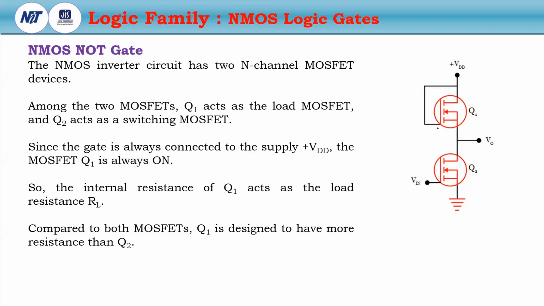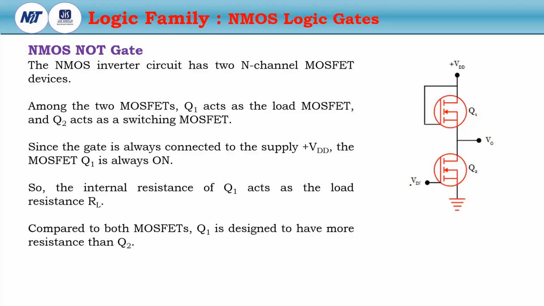The answer is the gate and the drain of Q1 are connected together to VDD. So logic 1 is connected to the gate, the channel already exists between the source and the drain, and it crosses the threshold. For this reason, Q1 is always turned on.